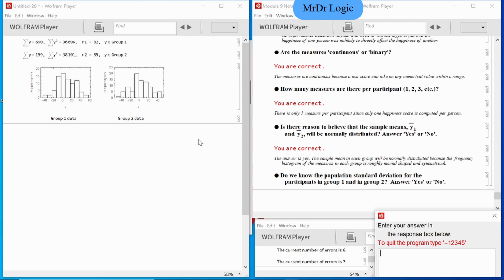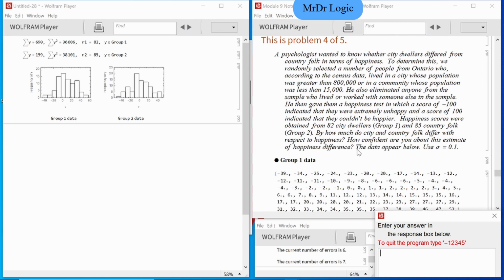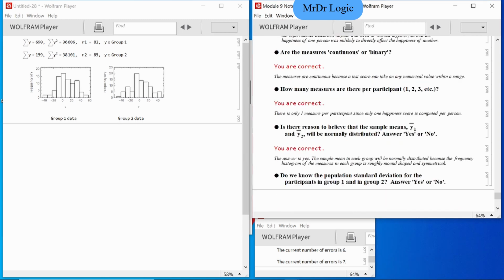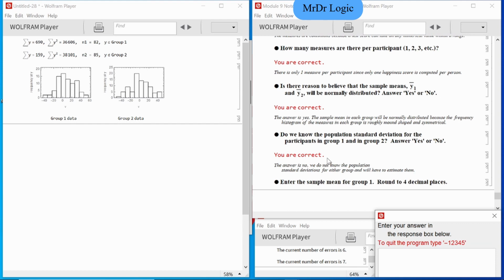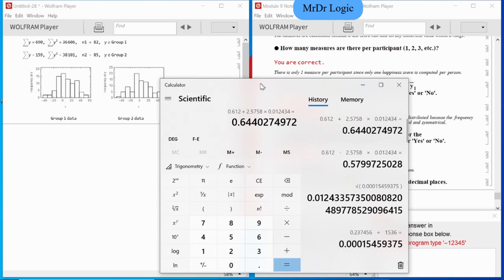And also has that rough amount. Do we know the... Not mentioned. I thought it was suspicious. Sample mean for group number 1.